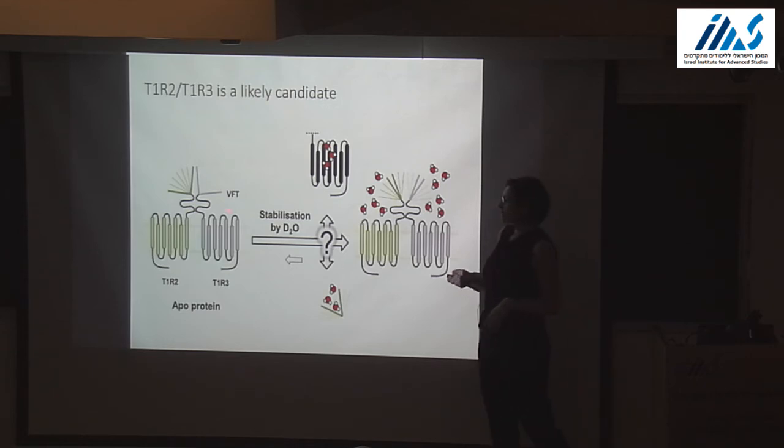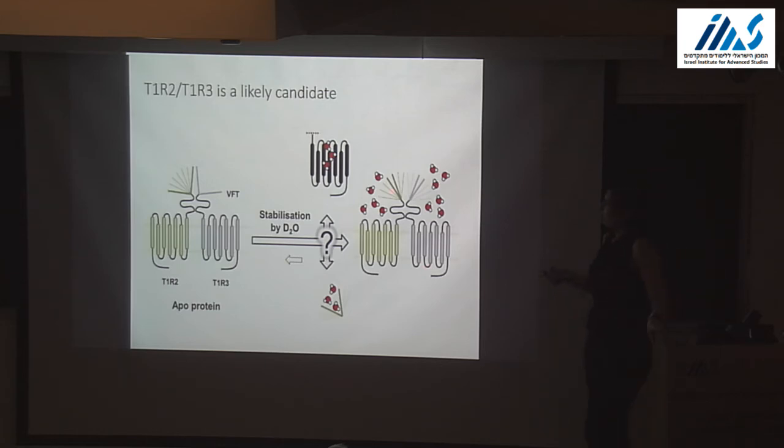But if we schematically present this here, if there are some conformations of the receptor, we expect stabilization by D2O in the active conformation. And that can be done by several not mutually exclusive ways. One could be that it is stabilizing the VFT binding domain in a more active conformation.